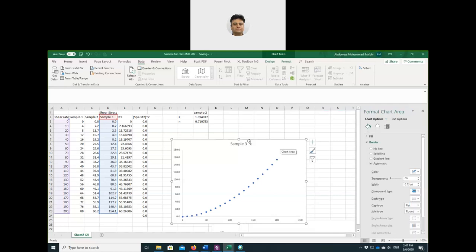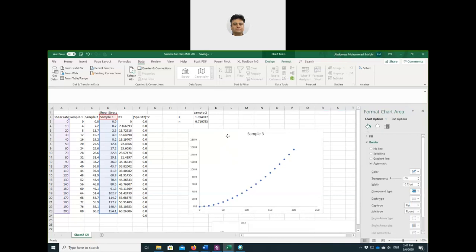Okay, for sample 3, I want to do it for sample 3. As I want to repeat, if N is lower than 1, it will be shear thinning. If it's higher than 1, it will be shear thickening. This is shear thickening, so we are supposed to reach an N above 1. So we are going to calculate this one for sample 3.